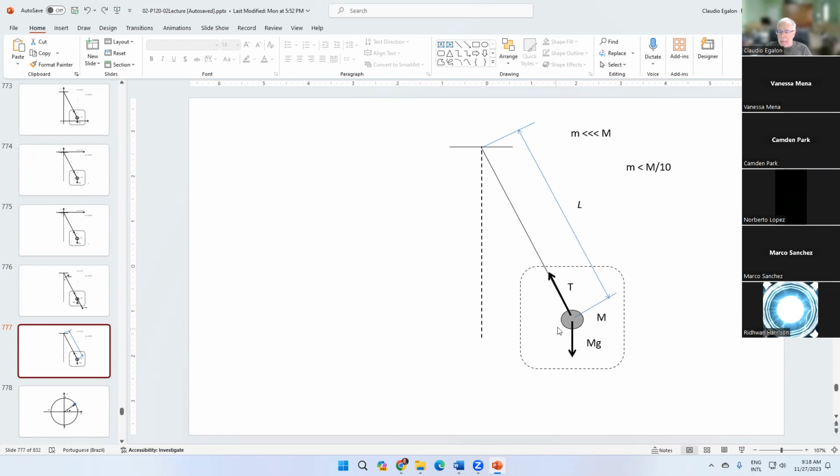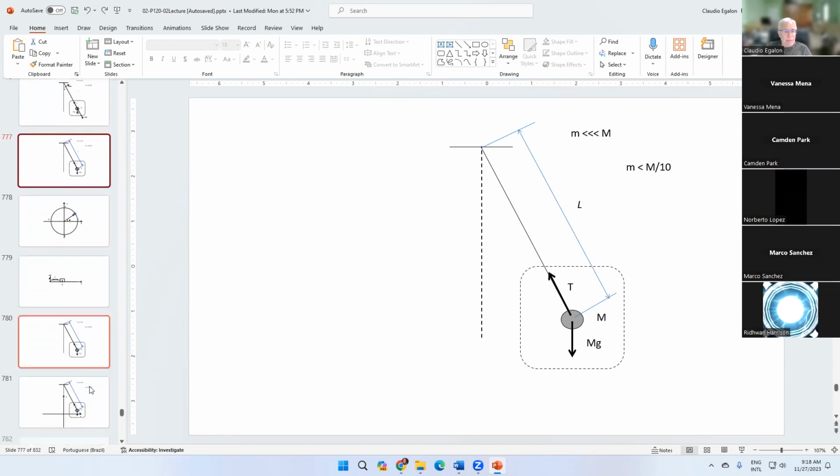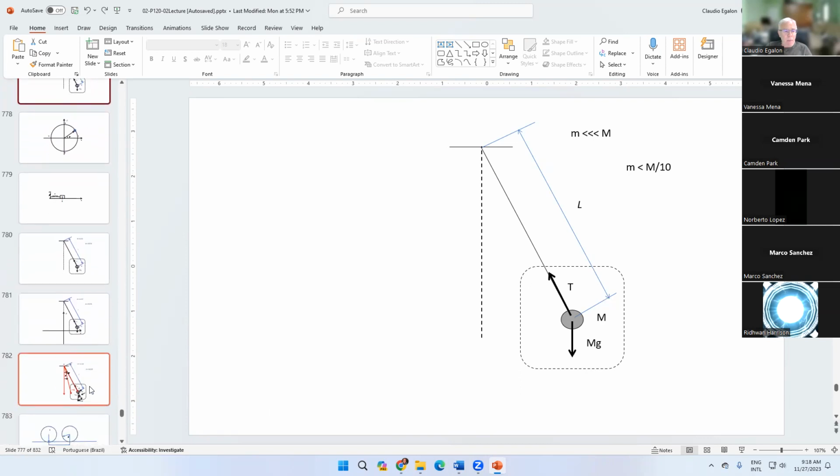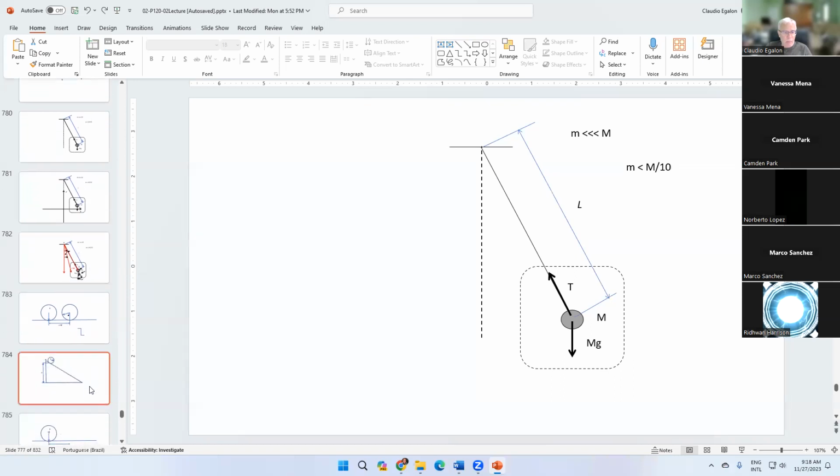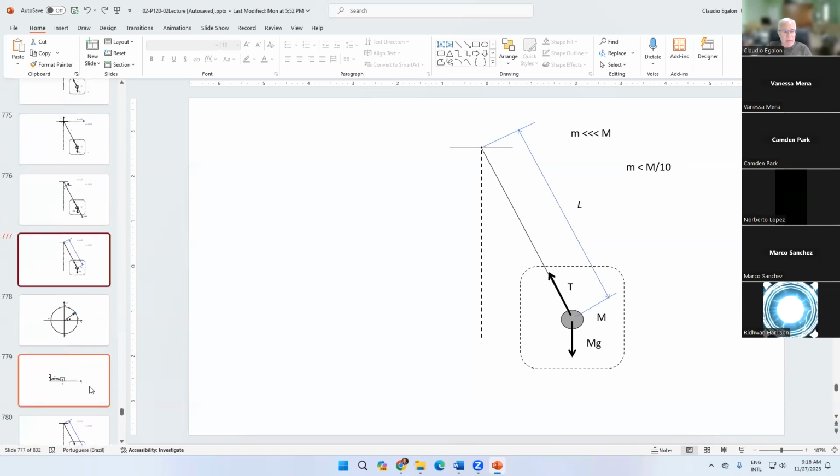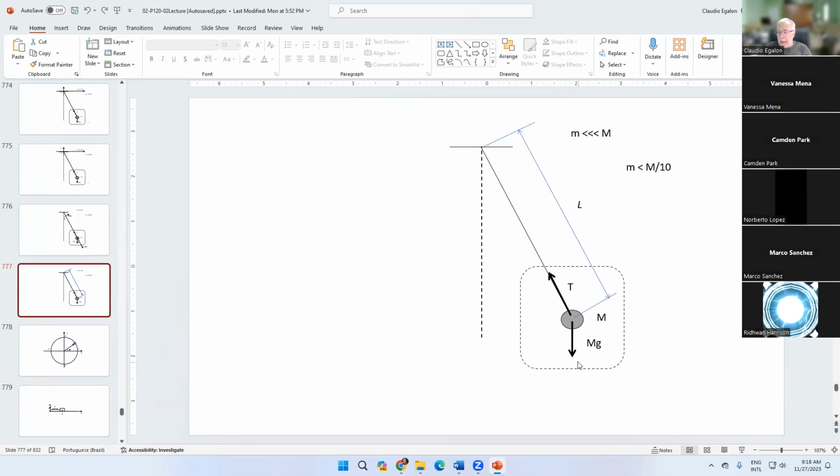This problem can be solved more easily if we use the equation for the torque. Think about that. This is a point mass that's subject to a torque, and it is the torque of this force right in here. Do you see that? The position vector of the point of application of the force goes from here to here.